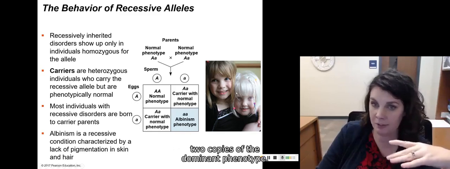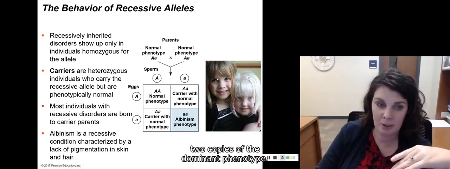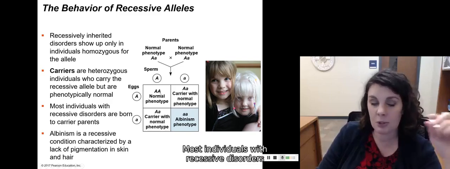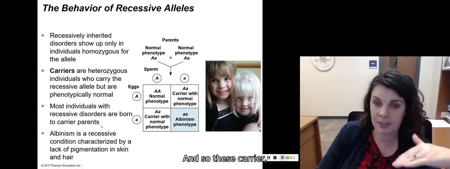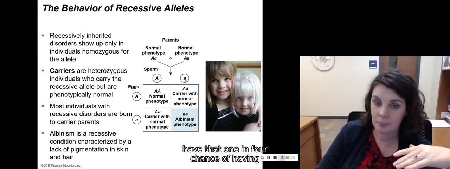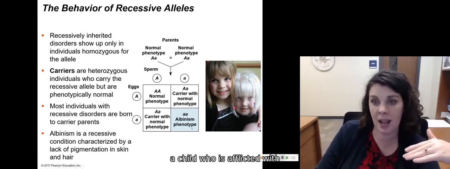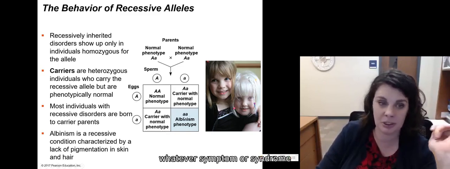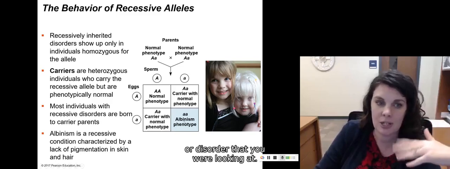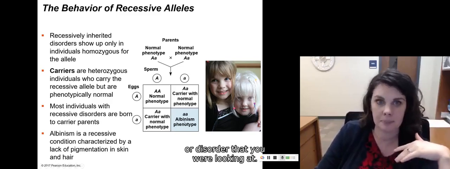So she could be a carrier or she could have two copies of the dominant allele. Most individuals with recessive disorders are born to carrier parents. And so these carrier mom and carrier dad have that 1 in 4 chance of having a child who is afflicted with whatever symptom or syndrome or disorder you are looking at.